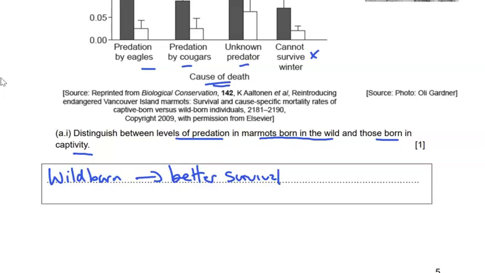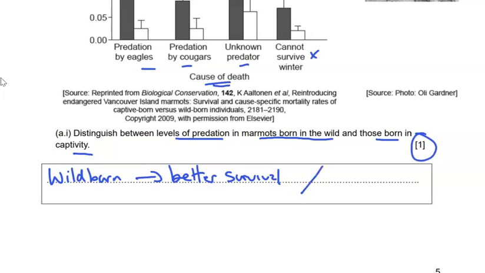Better survival in the wild, or vice versa. You can do that the other way around, stating that the captive bred and released ones don't survive as well. So either way around will attract 1 mark for this question.